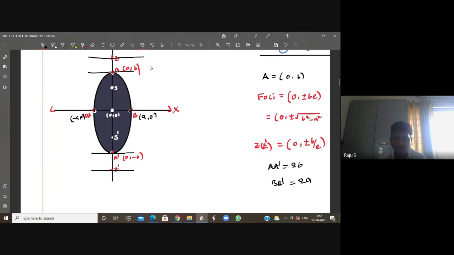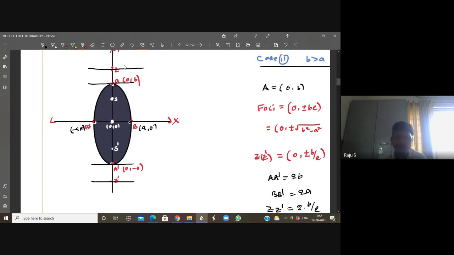So what is Z Z dash? The distance between the two directrices is 2 into b by e. So what about the foot of the directrix here? The foot of the directrix is 0 comma b by e, here 0 comma minus b by e. If you know one value, the other value is very easy. This is here 0 comma b, here 0 comma minus b is the focus. So everything I have written like this.